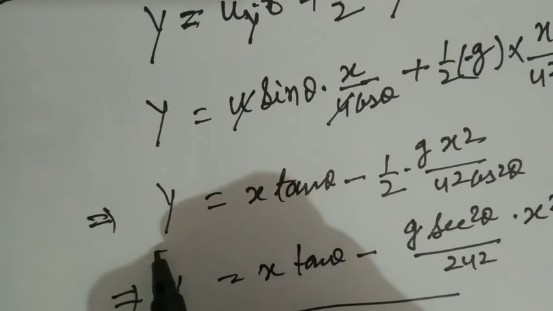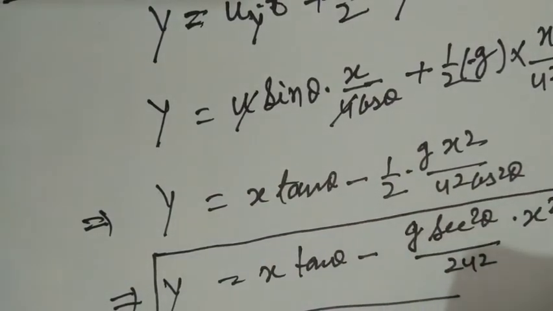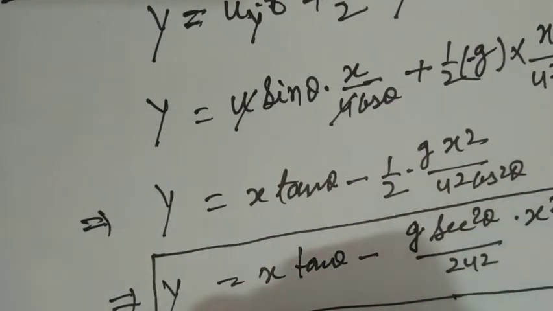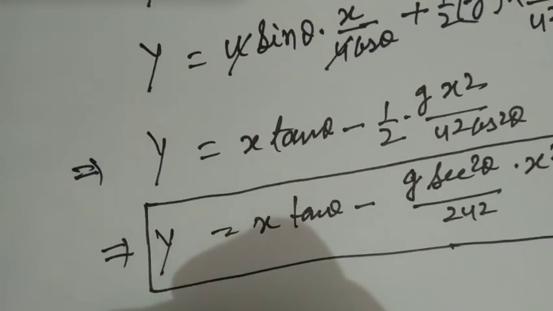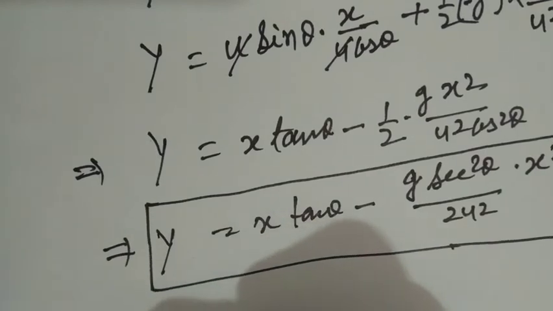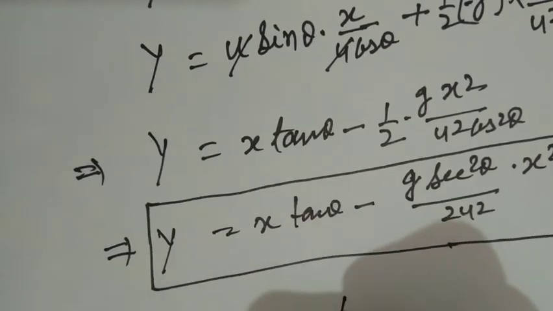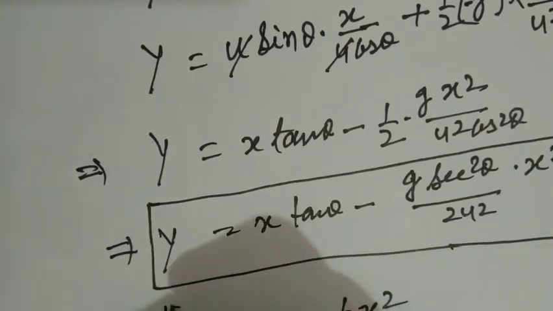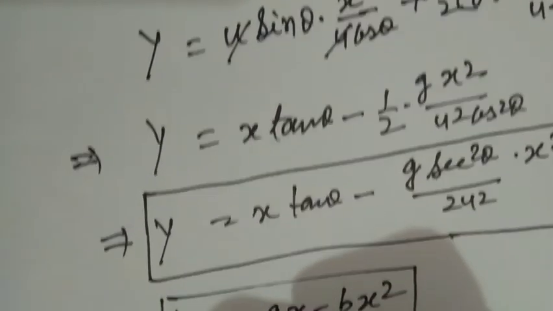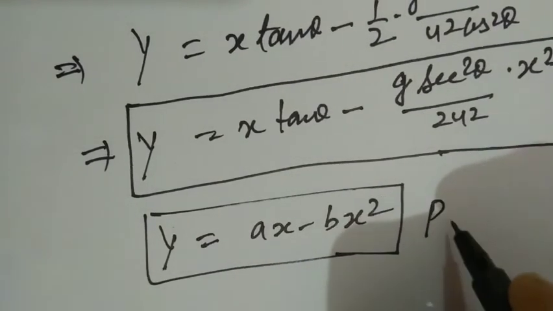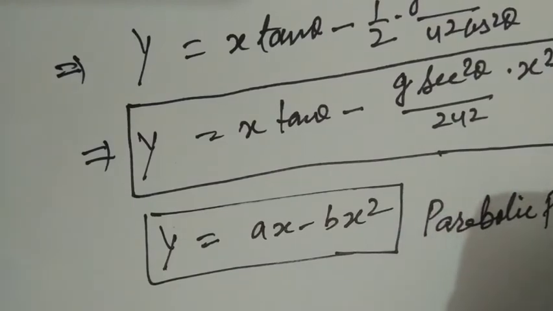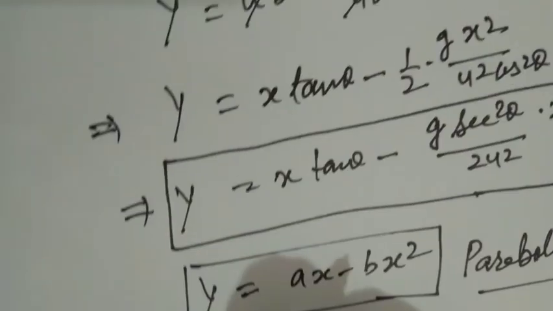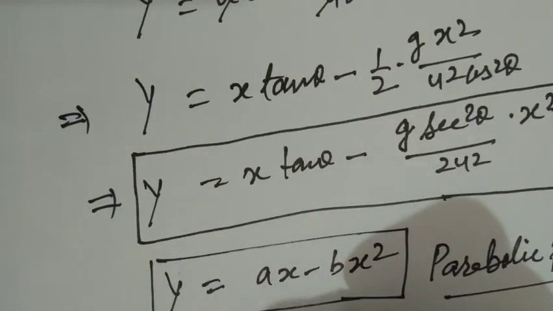What type of equation is this, students? My dear students, this equation is similar to the parabolic equation, like y is equal to ax minus bx square. So the trajectory, the path followed by the projectile, is known as trajectory, which is parabolic.